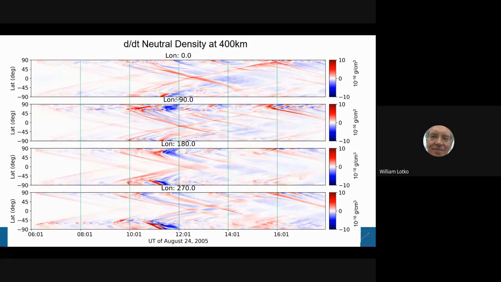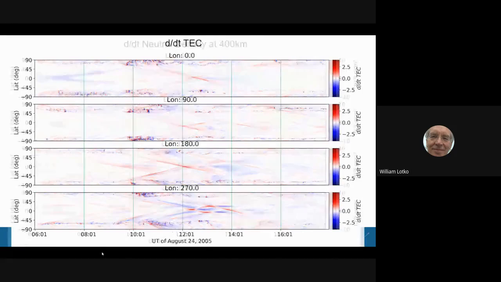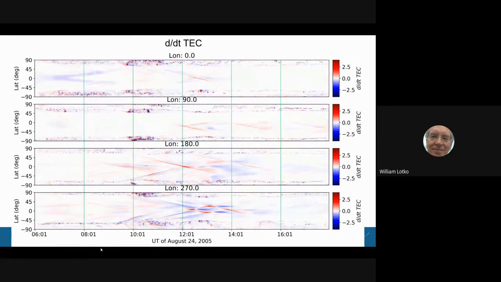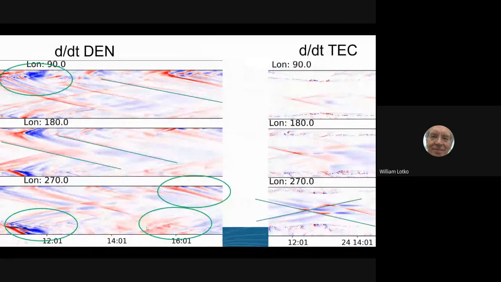I have a question about the source of these perturbations. If you could go to the plot that has both the neutral density and the TEC on the same chart, yeah, this one right here.